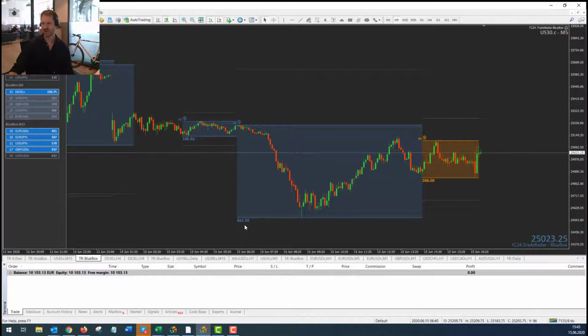Right, I don't want to ruin the party, but that's a blue box, yes, but the size of the box is extraordinarily large, and it's definitely not a signal we are going to trade. So 662 means we do have a box here in the Dow Jones with a distance between the bottom and the top of over 600 points. That's insane to even consider a trade.